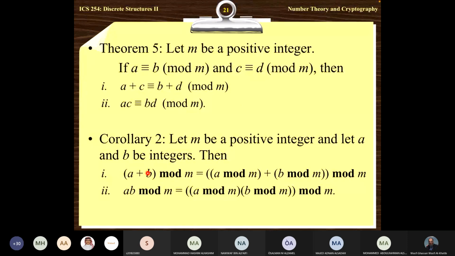Then it says here that (a plus b) mod m is the same as (a mod m plus b mod m) all together mod m, and ab mod m is (a mod m multiplied by b mod m) all together mod m. This theorem and this corollary, what do they tell you?